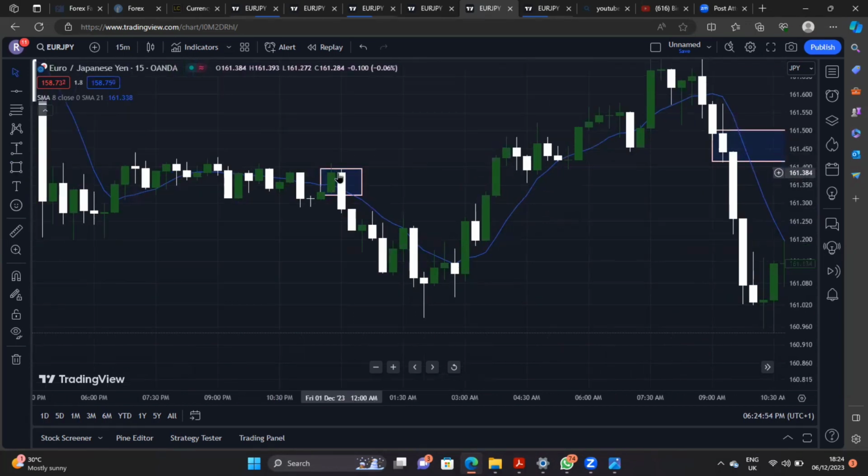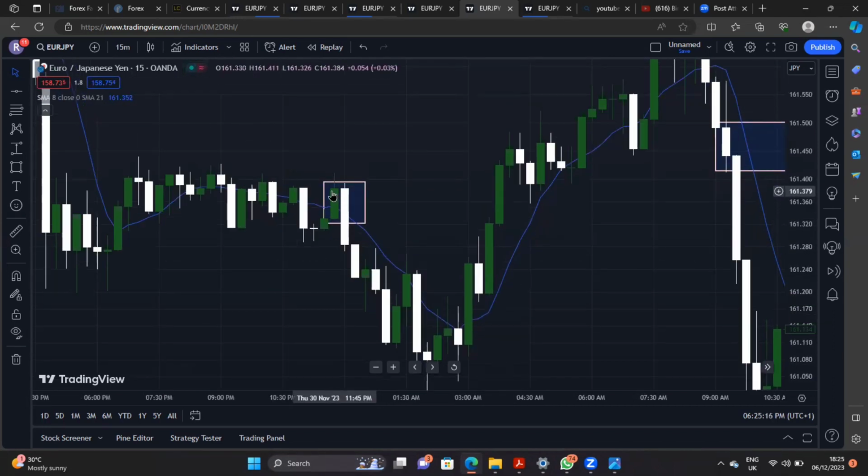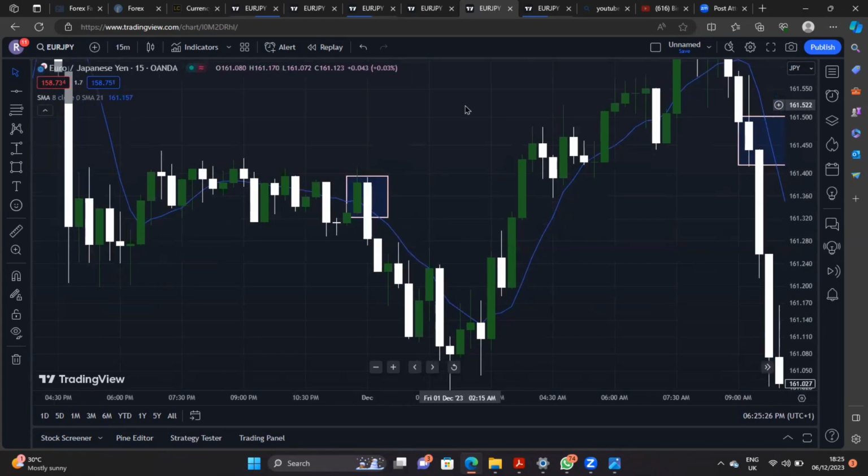So the smaller candle, the white candle, fully engulfed the green candle. This is called a bearish engulfing candle, because the bearish candle, the white candle, fully engulfed the previous candle, which must be bullish. When we go further into classifications of engulfing, we'll look at bearish engulfing and bullish engulfing.